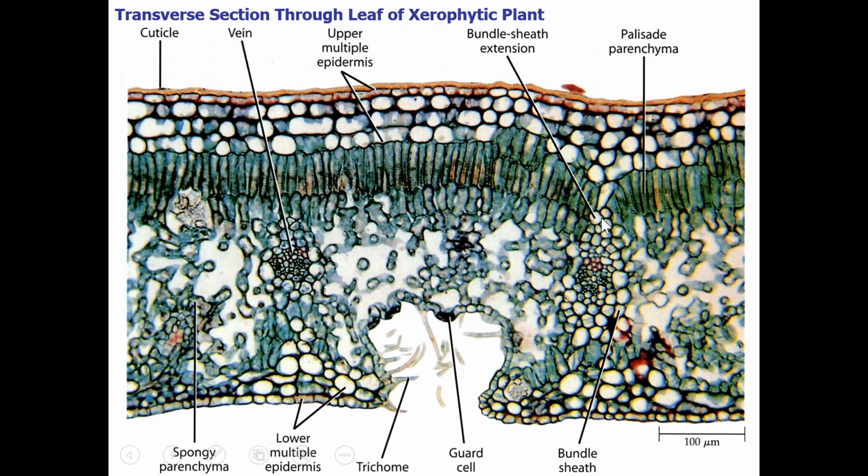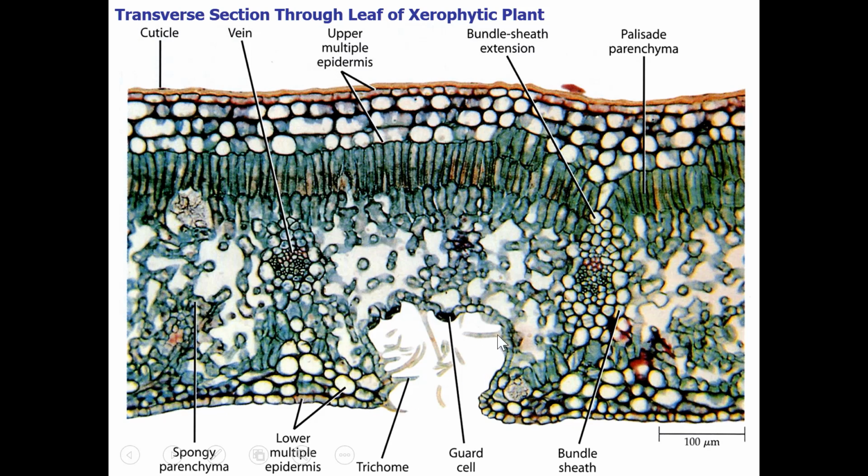And these bundle sheath extensions are places where alternate forms of photosynthesis are conducted. Another adaptation that you can see here is that the stomata are at the bottom of this little pit. So this pit is actually not the stomata. This is not the stomata opening. There's a little pit down at the bottom.